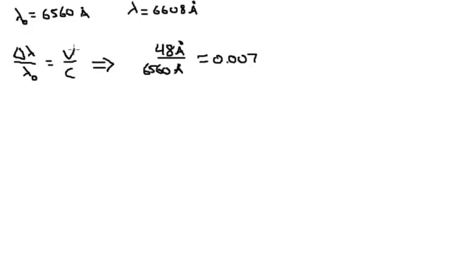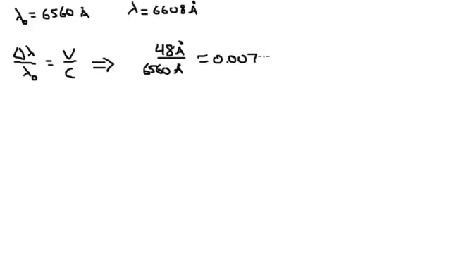So let's see what this means, 0.007. That means that if you take the speed of this galaxy and divide it by the speed of light, which is the fastest speed in the universe, right? It's an incredibly fast speed, the speed of light, that we get this number, 0.007. So if I want to say percent-wise, this is like 0.7% of the speed of light. So I can figure out the actual velocity if I multiply both sides by the speed of light.